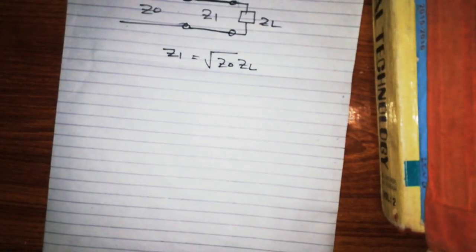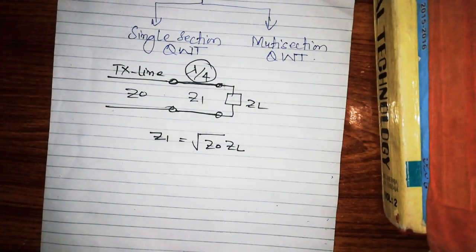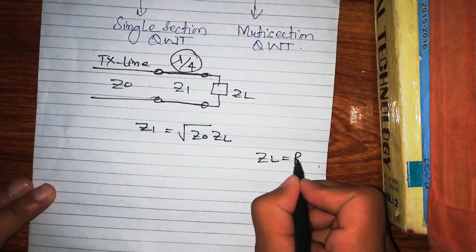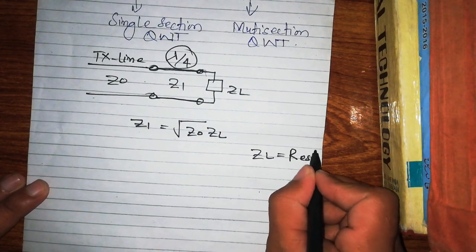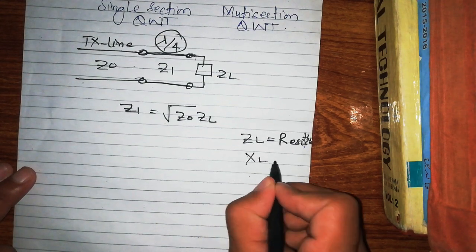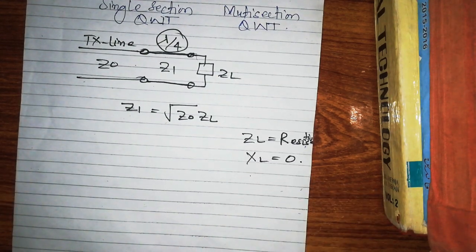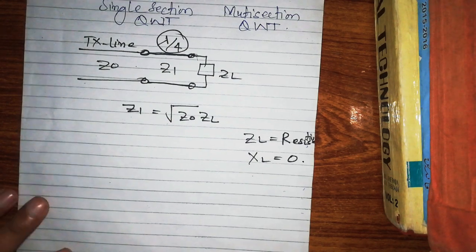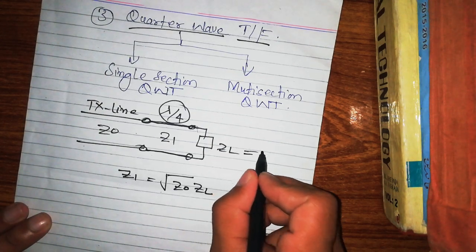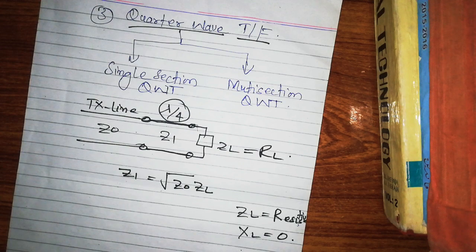And the important thing about quarter wave transformers is that these are used for matching loads where ZL is purely resistive, meaning that the XL part of the load will be 0, and the quarter wave transformer will work for such loads, ZL equal to RL, some real value.